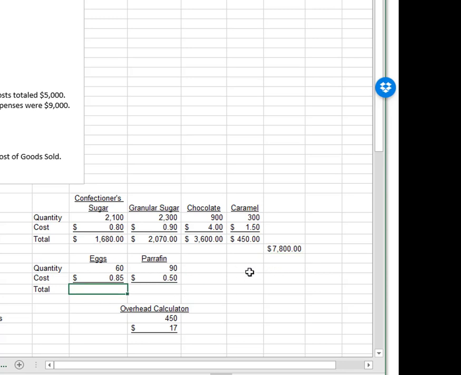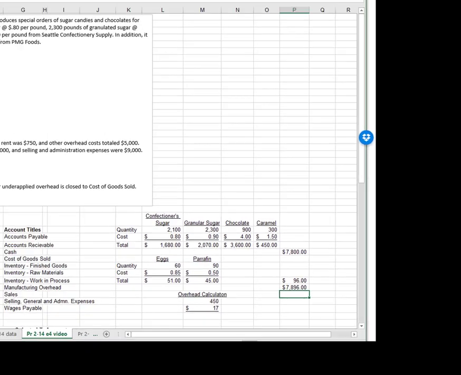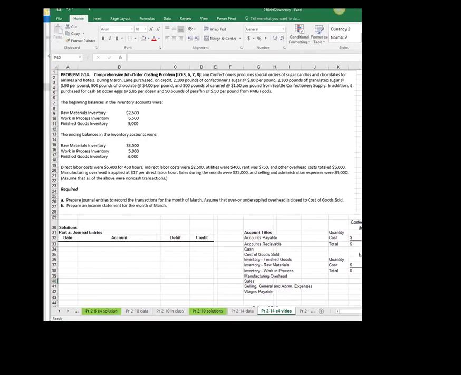And for the eggs and paraffin, we purchased $96 worth. And so my total purchases, this would be going to raw materials inventory, is $7,896. Okay, now let's look at journalizing that.